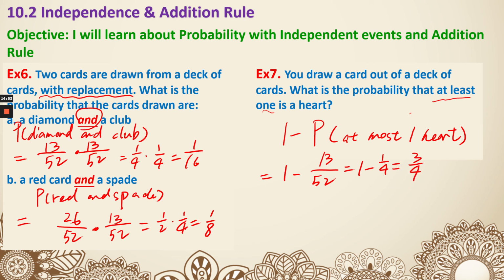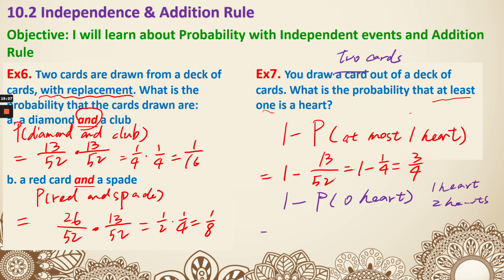But this actually doesn't make any difference because we're just drawing 1 card. Let's pretend we're drawing 2 cards and think about what's going to happen. If you're saying, I want at least one heart, that means we're having one heart or two hearts. So this time it is going to be 1 minus P of 0 hearts. Because think about it, at least one heart means one heart or two hearts. Since you're drawing two cards, the opposite of that would be not getting any heart.